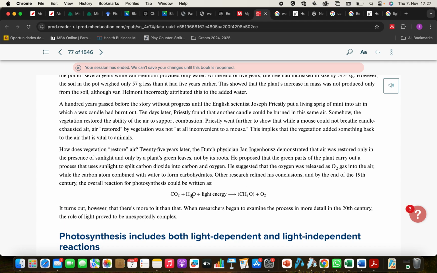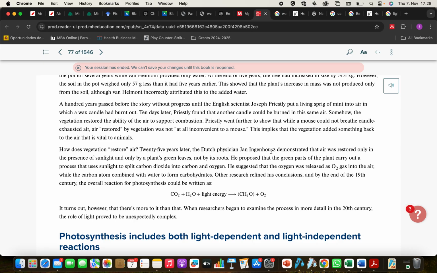And it's also breaking the water, using the hydrogens, and releasing oxygen. And this oxygen is the something that Joseph Priestley was talking about, that vegetation was bringing back to the air something vital for animals, which is oxygen.